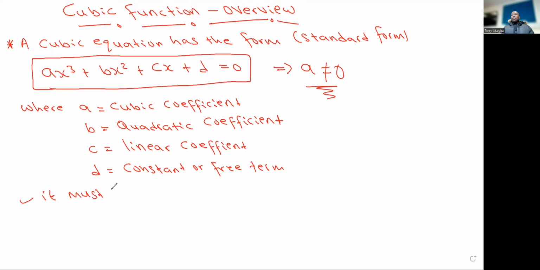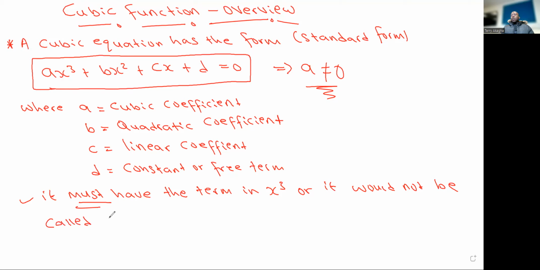The cubic function must have the x cubed term, or it will not be called cubic, all right?